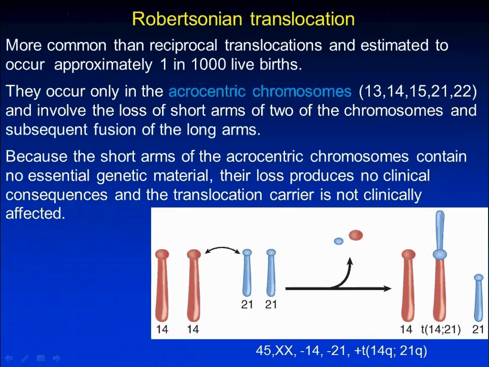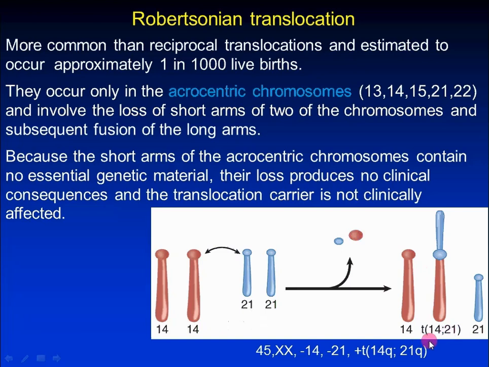As you may recall, when 2 acrocentric chromosomes are broken, for example, chromosome 14 and chromosome 21, their long arms are joined, while their short arms are lost. The result is Robertsonian translocation.